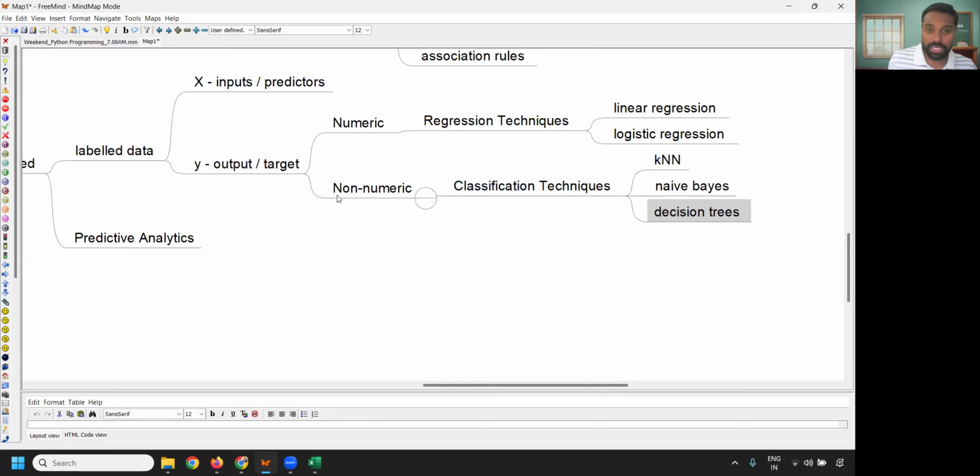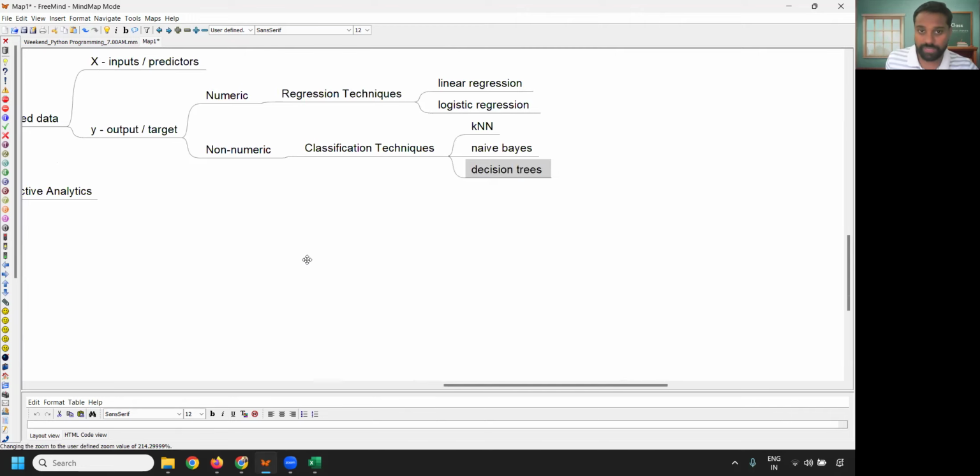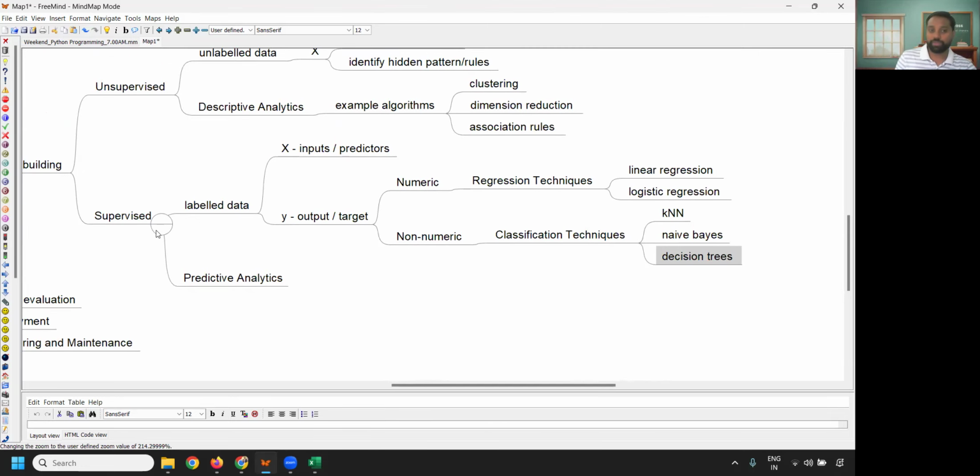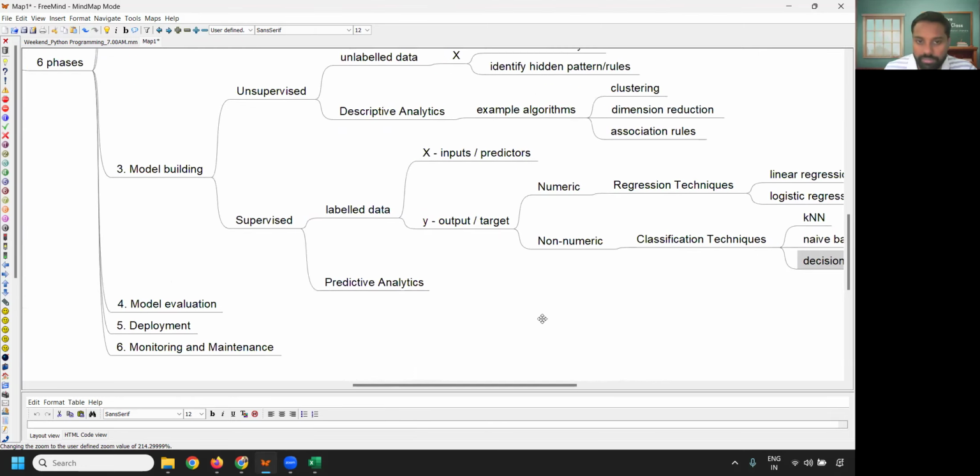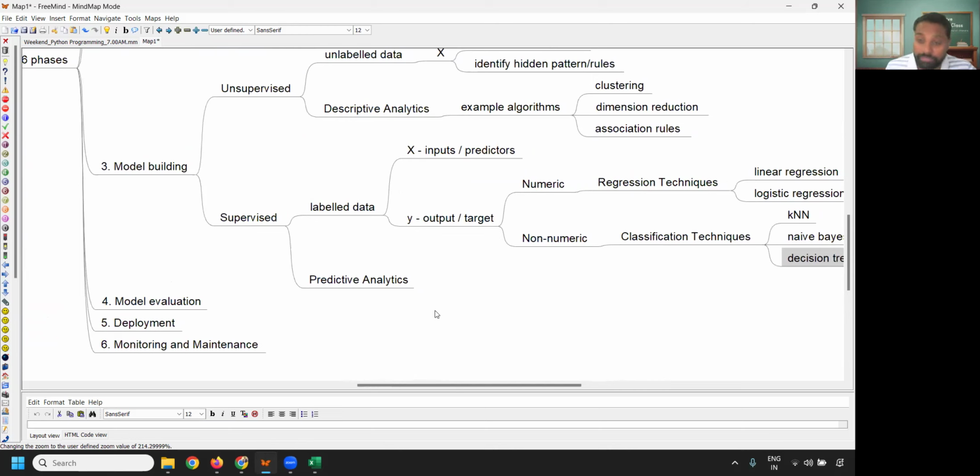So these are different algorithms that we have in supervised and unsupervised model building scenarios. Depending on what data we are dealing with and what problem we are trying to solve, we will use the appropriate technique. But whatever algorithm we are using, that algorithm should also be evaluated.